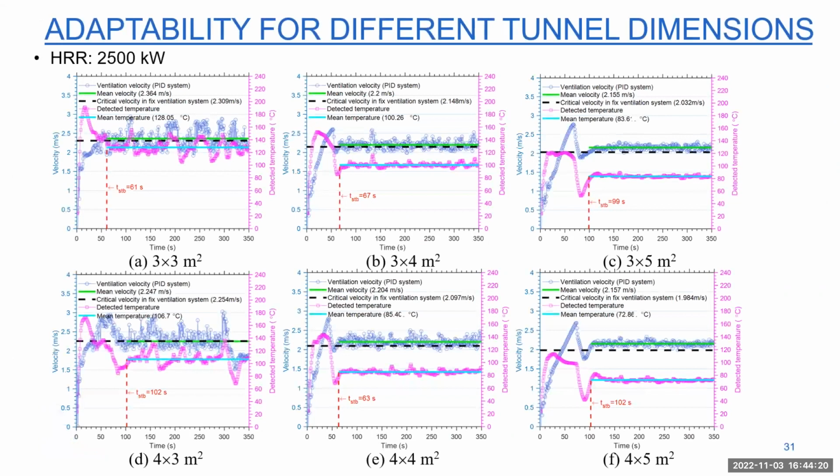Next, we test the adaptability for different tunnel dimensions. In this test, we fixed the heat release rate at 2,500 kilowatts, and the tunnel height varies from 3 meters to 5 meters, and the tunnel width varies from 3 to 4 meters.